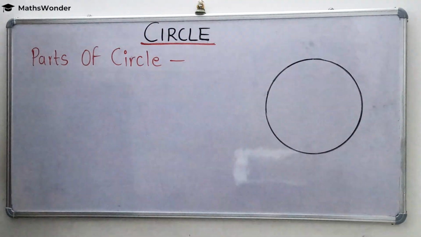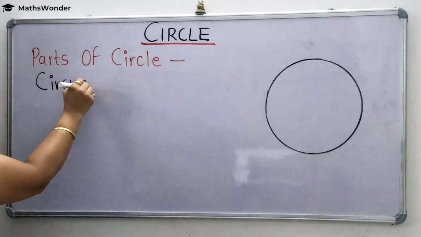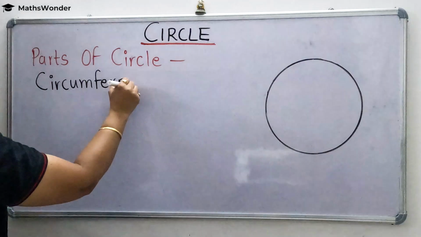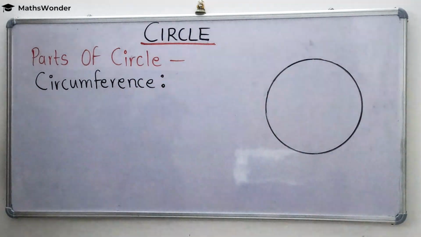So the next topic is circumference. What is circumference? Circumference means the length of the boundary of the circle.